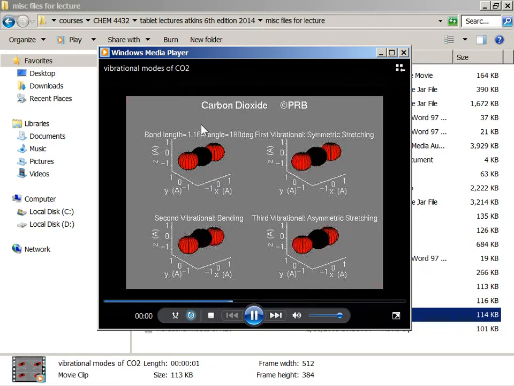Now, we have to talk about the notation. They call it a big C with a little 2. But that's not the principal axis. The principal axis is the one that has the biggest subscript. It's kind of a trick question with this molecule, but there is a C with a bigger number than 2 for this molecule.